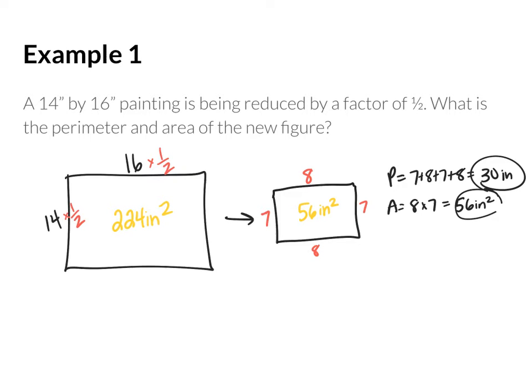Now, why wasn't it just half the size? Well, because you have to remember that if we're halving the scale factor, we're halving the length and we're halving the width. So we're taking that 224 and halving it by length and by width, or halving it twice, giving us that new area of 56.